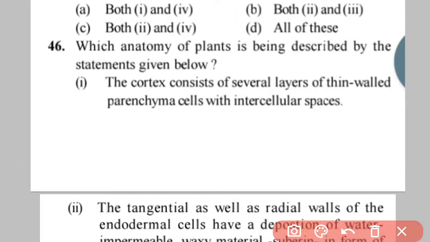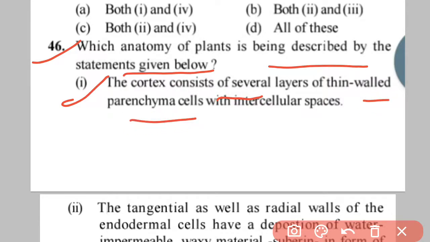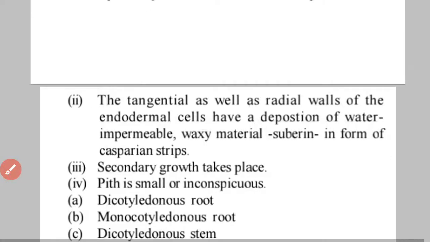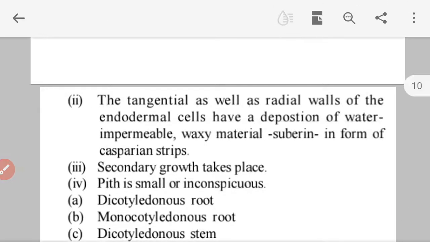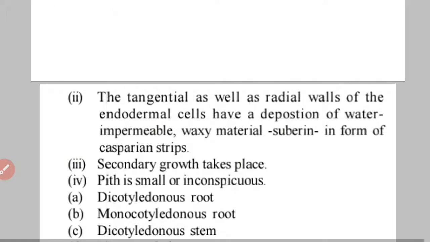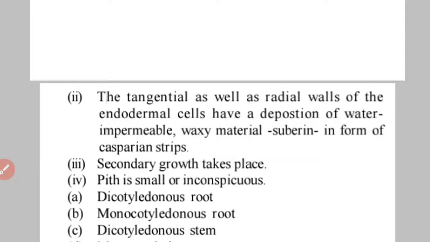Question number 46 is, which anatomy of plants is being described by the statements given below? First one is, the cortex consists of several layers of thin wall parenchymatous cells with intercellular spaces. Second one is, the tangential as well as radial wall of the endodermal cells have a deposition of water impermeable waxy material suberin in the form of Casparian strips.